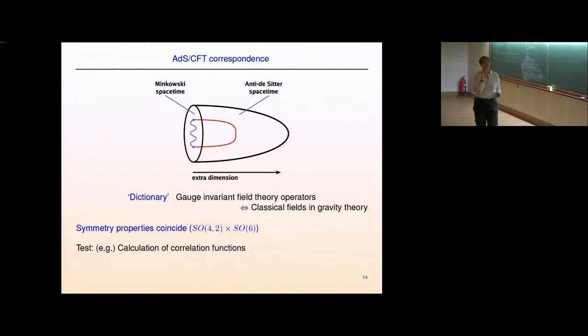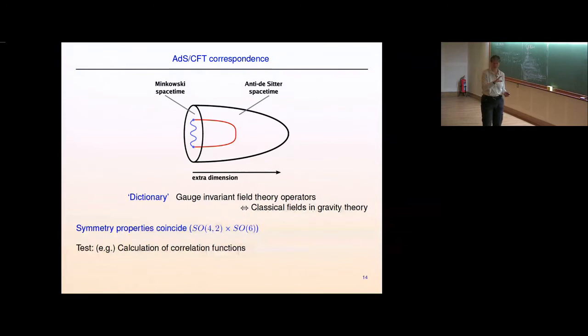But there are essentially two reasons which, since we are physicists and not mathematicians, lead us to believe that this must be true: the symmetries are the same on the two sides, and they're very, very strong symmetries. And also, as I'll discuss later, the number of degrees of freedom is the same in the two theories.